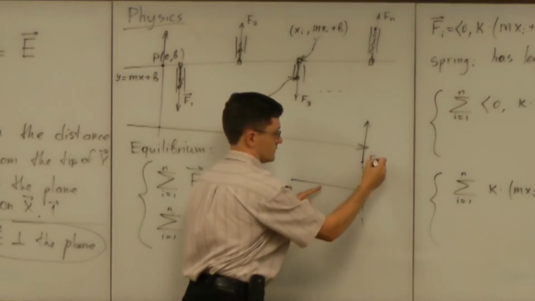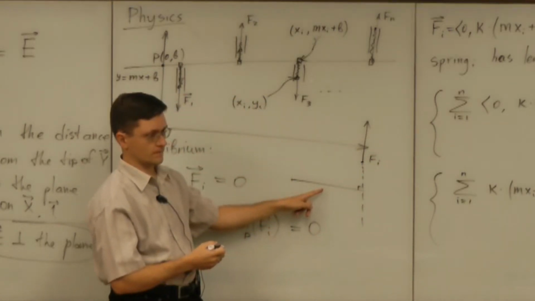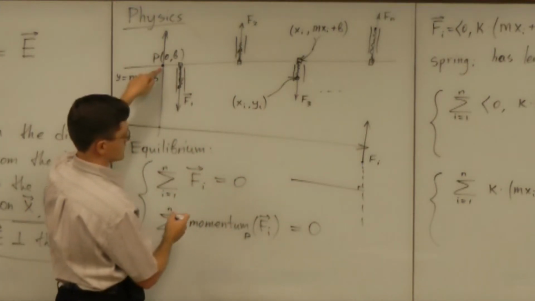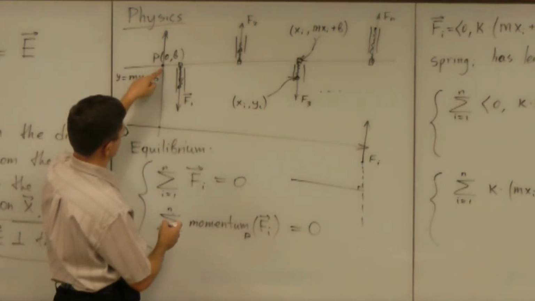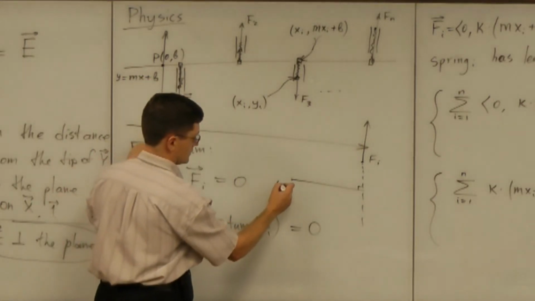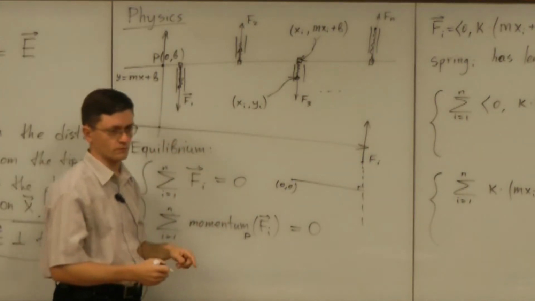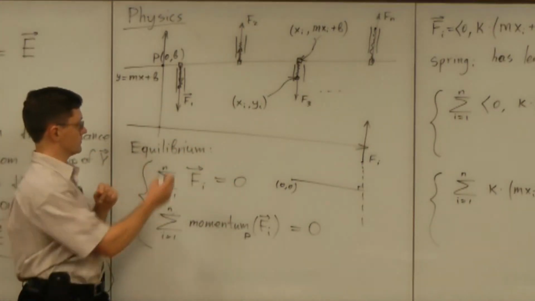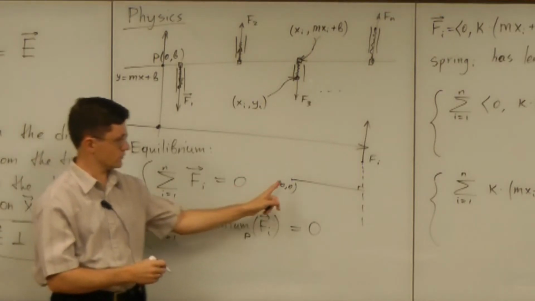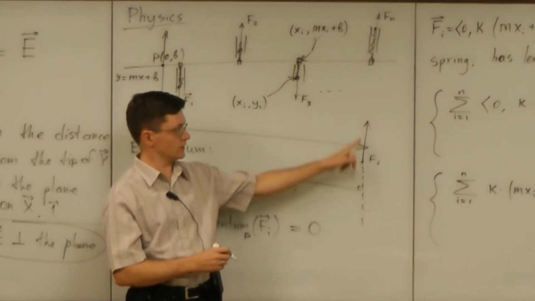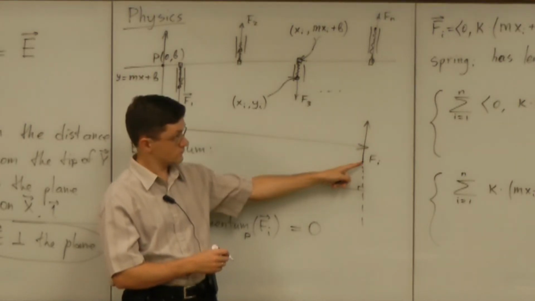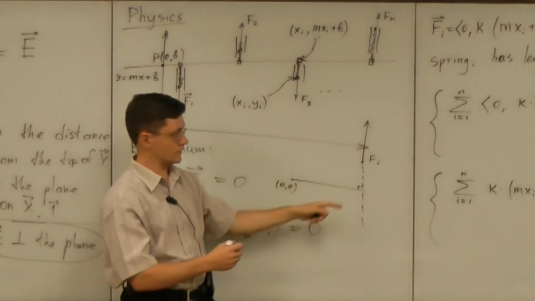And can we compute all that? Each force, let's say force Fi. This point, well, I can make it origin. Why not? Let's make it origin. What's the momentum of all the forces with respect to origin? What's going to be the perpendicular distance to the line of action of the force Fi? Xi. Exactly.